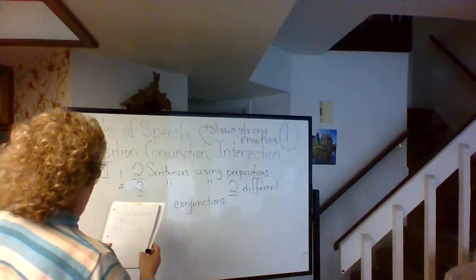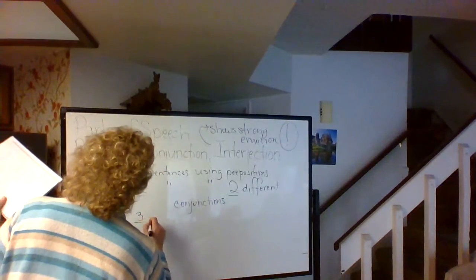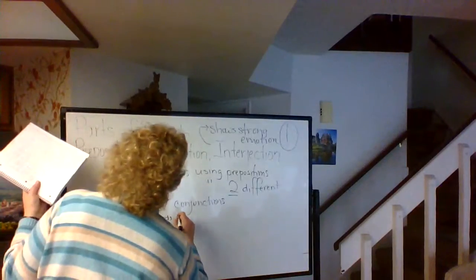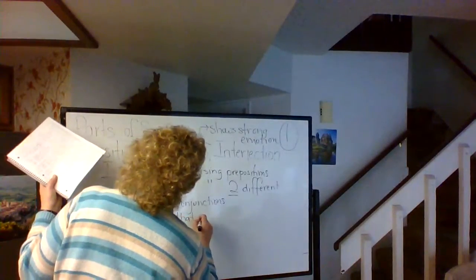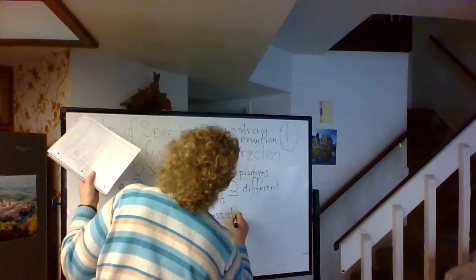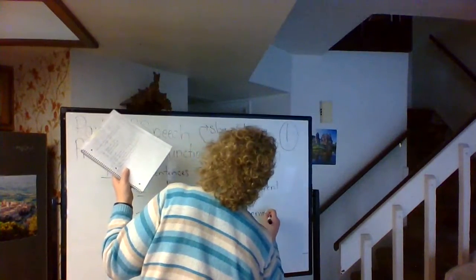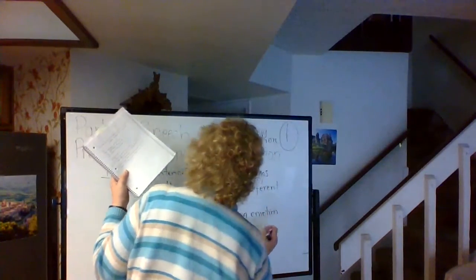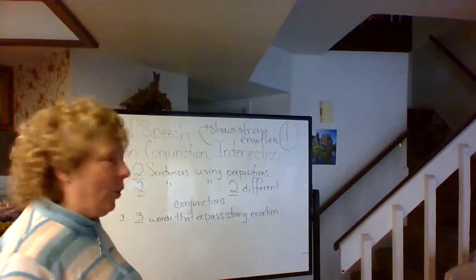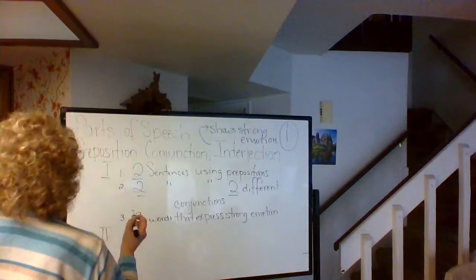And number three. That'll be an easy one. Ooh. Three words that express strong emotion. That express strong emotion. Okay? That's part one. Here's part two. Very easy. Please just answer it.